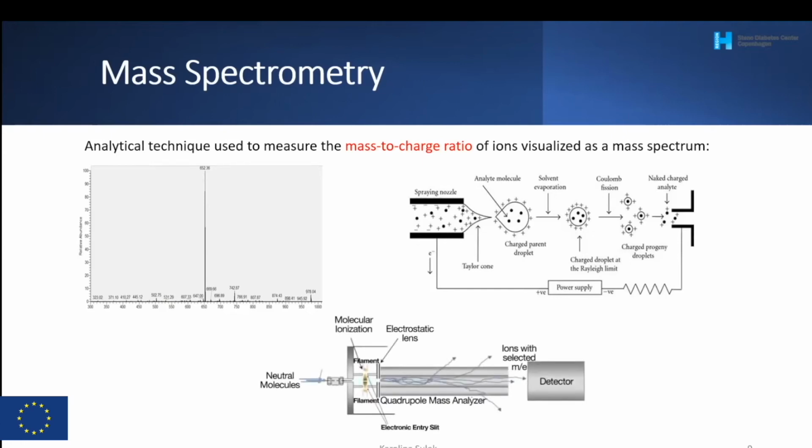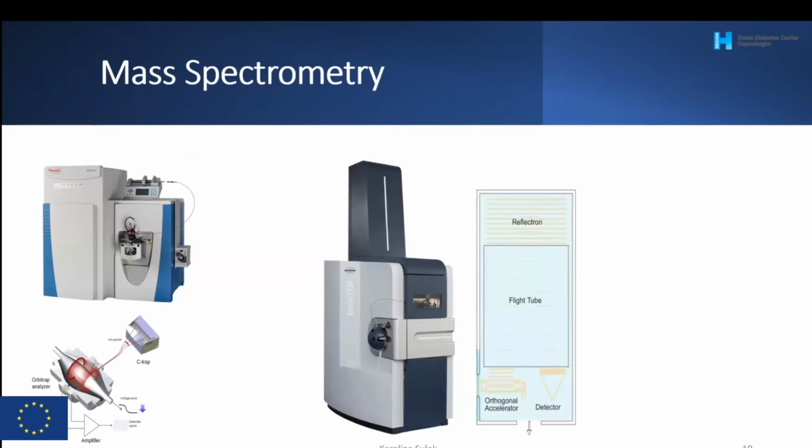To have a very quick look, these molecules which are being ionized, we are able to detect them using many different types of detectors that are inbuilt in the machines. Two examples are the Thermo Scientific Orbitrap or the Bruker time of flight.